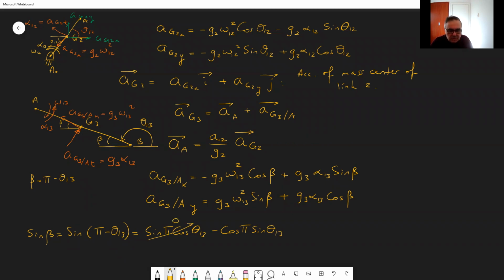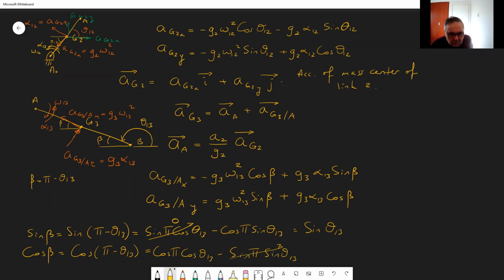This is gone to 0. Cosine pi is minus 1, so this will be sine theta 1,3. So sine beta is sine theta 1,3. That doesn't make a change. Cosine beta is cosine of pi minus theta, which is cosine pi cosine theta 1,3 minus sine pi sine theta 1,3.